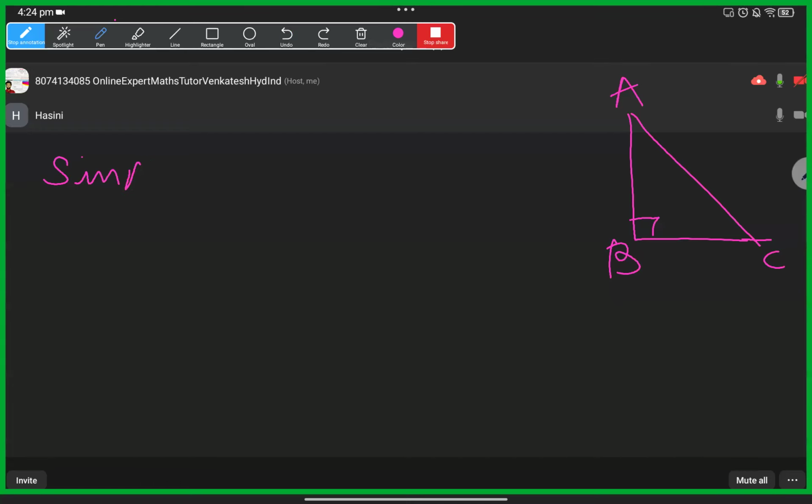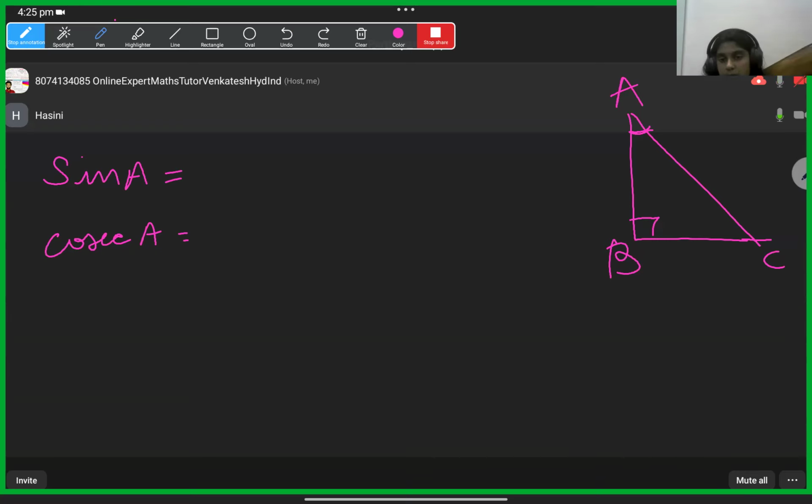Can you tell, Hasni, what sine A will be? As per angle A, the opposite side will be the side that is not involved with vertex A. So the opposite side is BC.